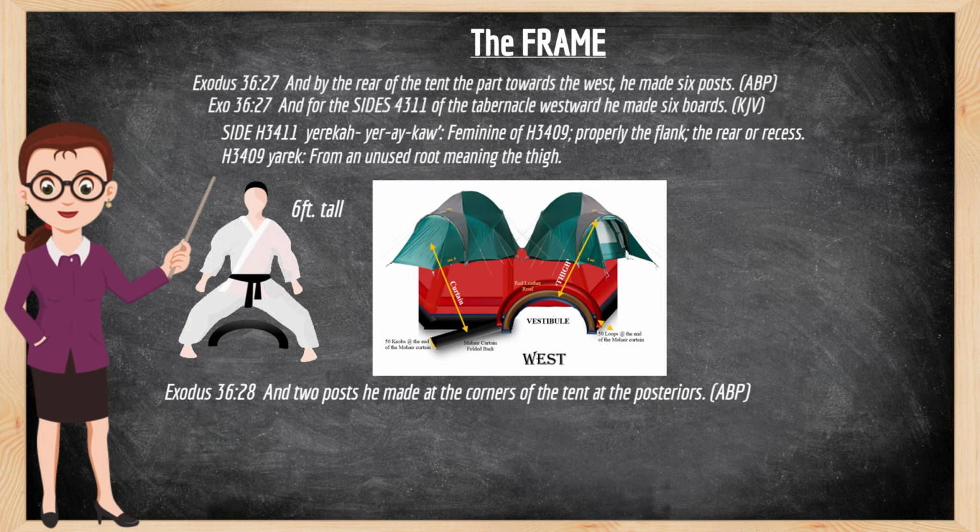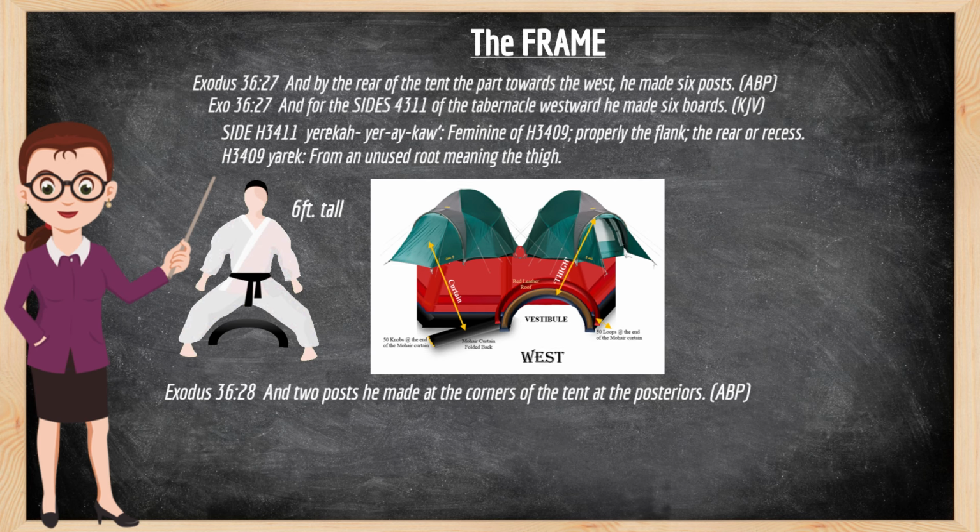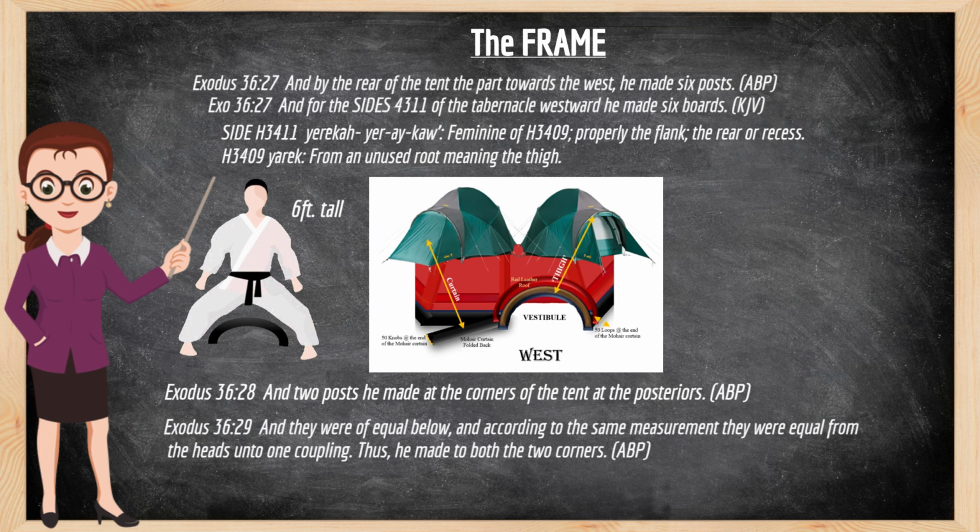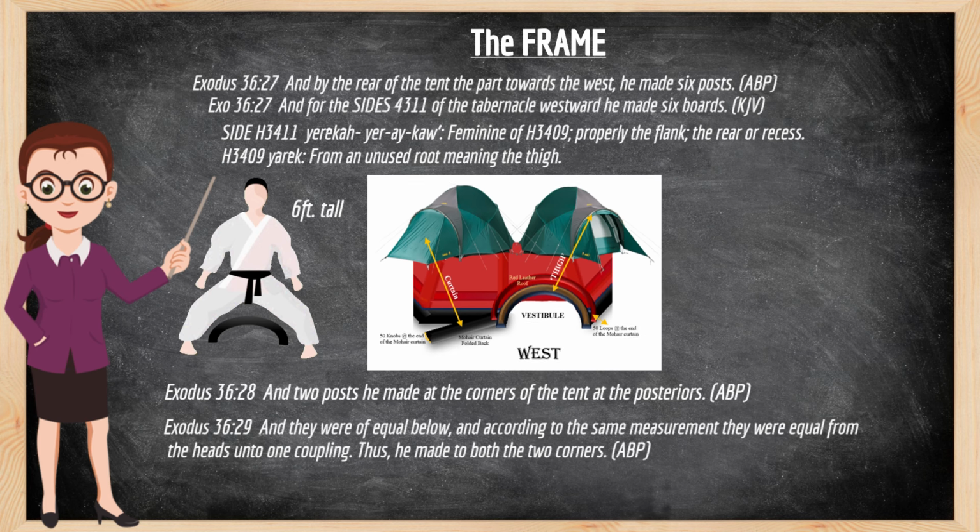So continuing with the instructions of these 6 posts, on to verse 28. And it says, and 2 posts he made at the corner of the tent at its posterior. Verse 29, and they were equal below, and according to the same measurement they were equal, from the heads unto the coupling.